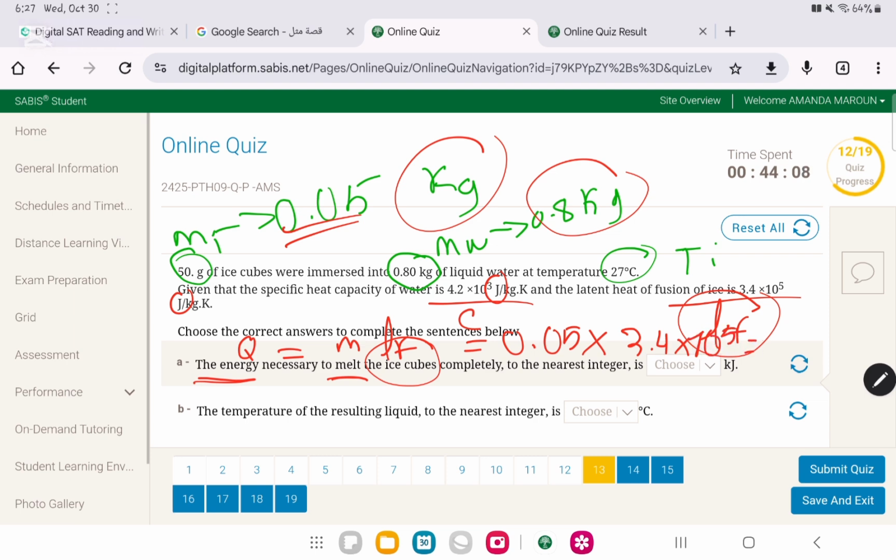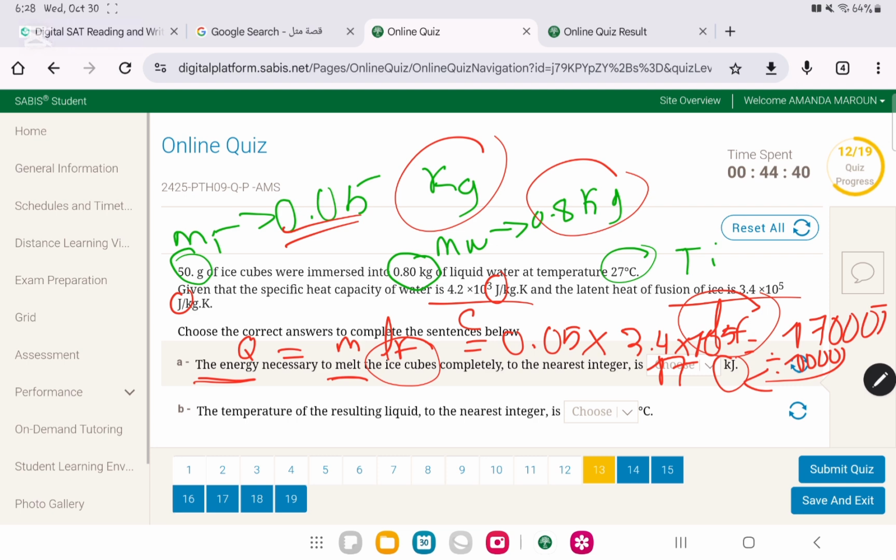If you do it on your calculator, you are gonna get 17,000 joules, but they need it in kilojoules. So very simply change it from joules to kilojoules by dividing by 1,000, and then you will get 17 kilojoules. So you have the answer for the first one, which is 17 kilojoules.